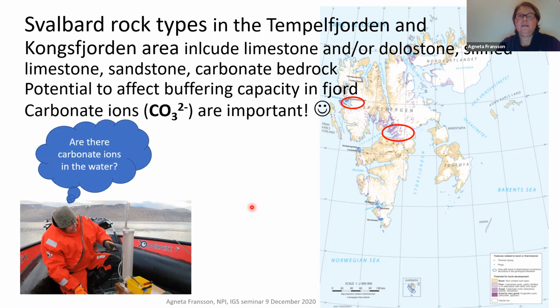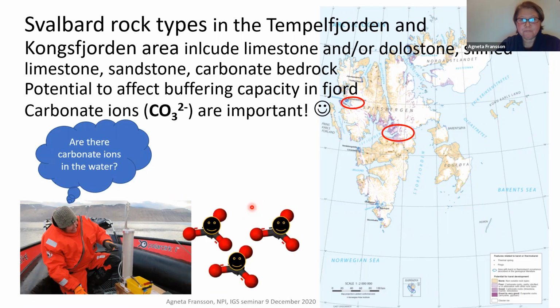And this carbonate bedrock is really efficient, and I will show how that will affect the fjord water and the sea ice, and how it also has the potential to affect the buffering capacity in the fjord. So carbonate ions are important, and I will show that.